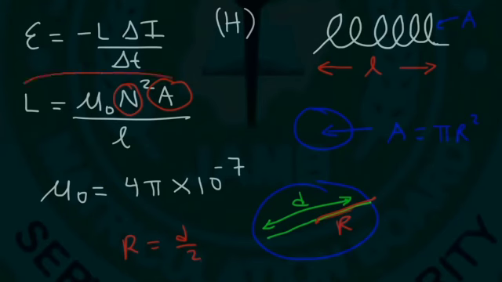So let's talk about how to derive this particular formula. First, we know that the magnetic field created by a solenoid is equal to mu 0 times n times I. I went over this in another video, the video on magnetism, magnetic fields. Perhaps you've watched that video before this one.